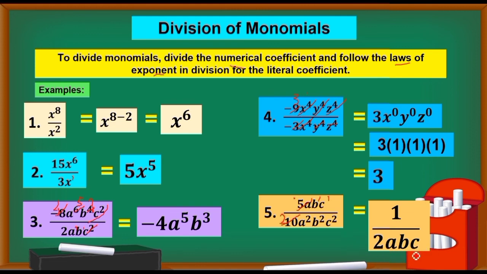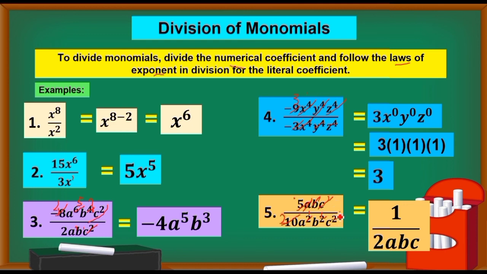2abc. Ma'am, bakit naging abc na lang yon? Diba, 2 minus 1, ang magiging matitira po ay 1. So, makakancel na natin yung numerator natin na a. Ganon din po si b. Ito po ay makakancel, magiging 1. So, yun sa numerator ay makakancel na rin po or mawawala na. Si c naman po ay ganon din. So, cancel ang numerator.